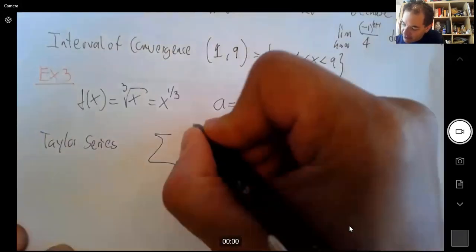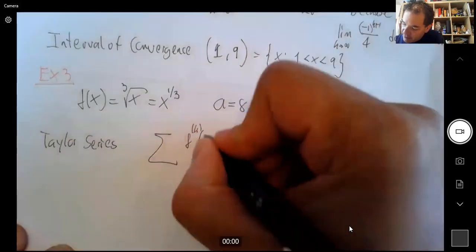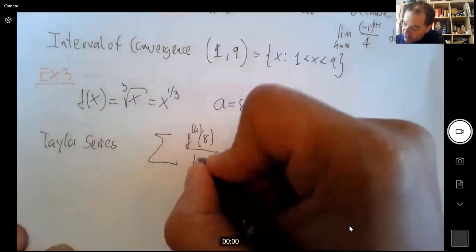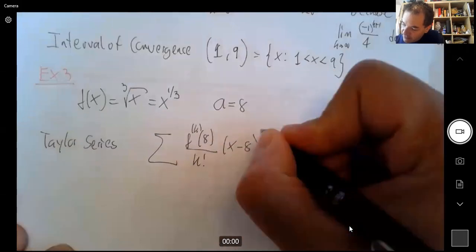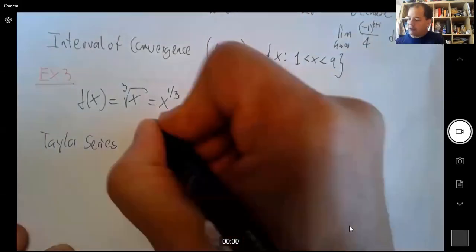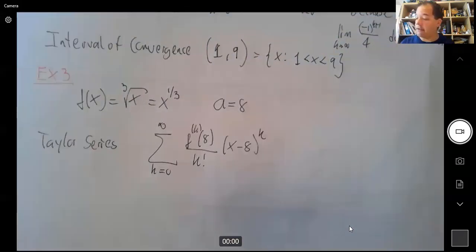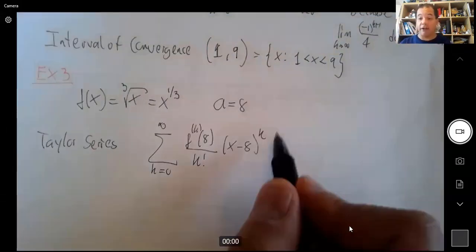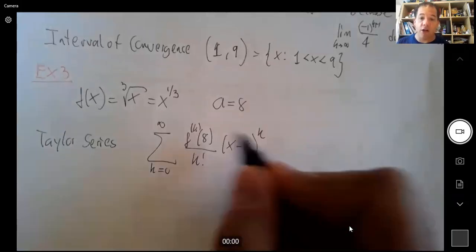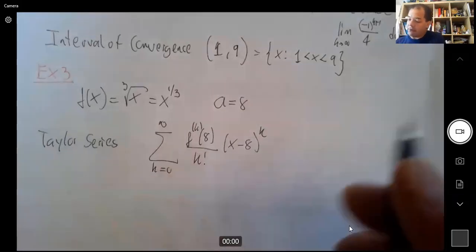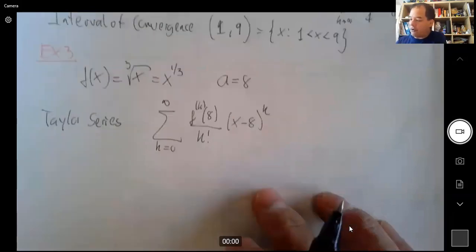So it's the kth derivative at 8 divided by k factorial times x minus 8 to the power k, from 0 to infinity. But remember, they're not asking us to get the entire thing. We only want the first 4 non-zero terms. So presumably we only need to get a few derivatives.